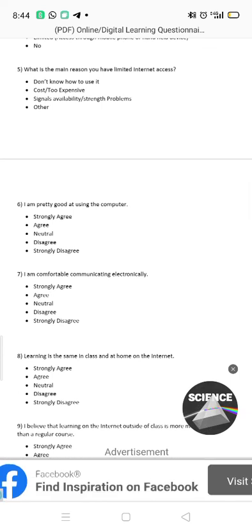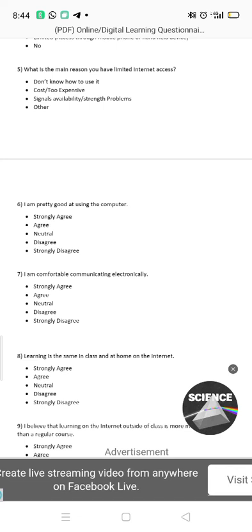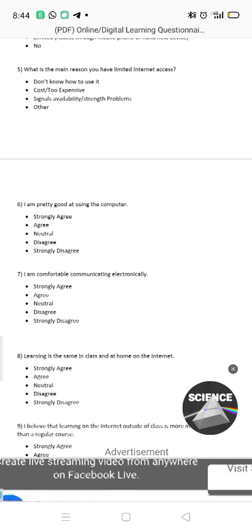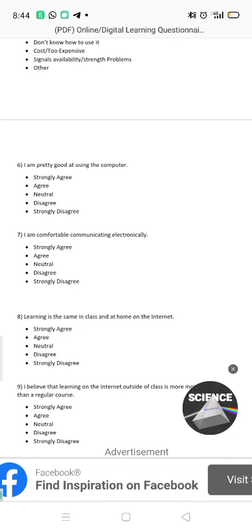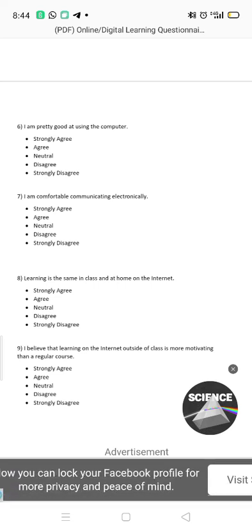Question number 6, what kind of a question is it? It's a scaled question. I am pretty good at using the computer. A statement is given and a parameter is measured. Agreement: strongly agree, agree, neutral, disagree, strongly disagree. Question number 7, again a scaled question. I am comfortable communicating electronically.